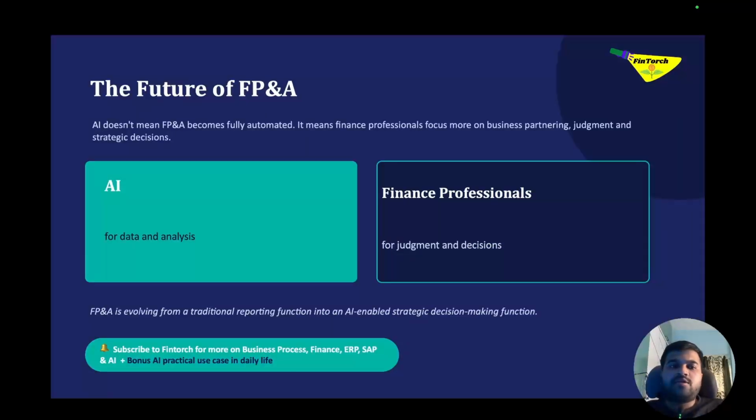So to summarize the future of FP&A, AI doesn't mean FP&A becoming fully automated. It means financial professionals focus more on business partnering, judgments, and strategic decisions. The AI will take up the role of analyzing data, and finance professionals will focus on judgments and decision making.